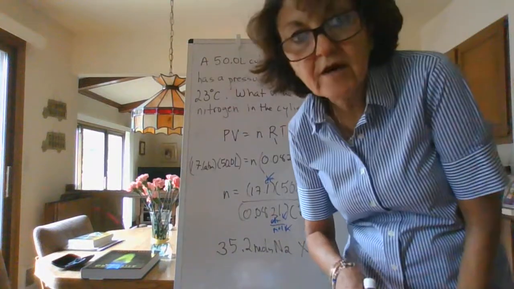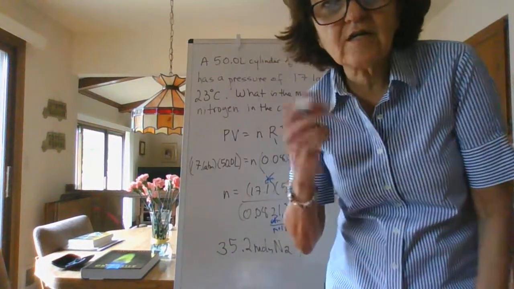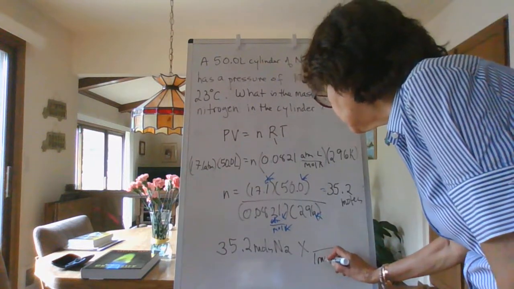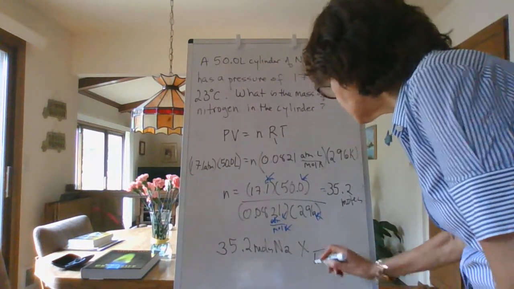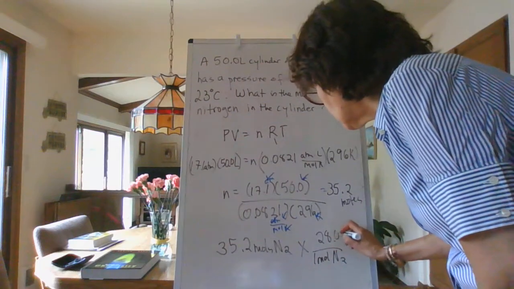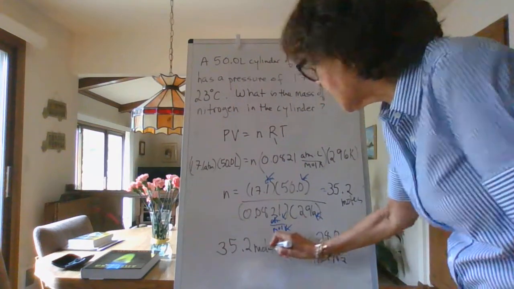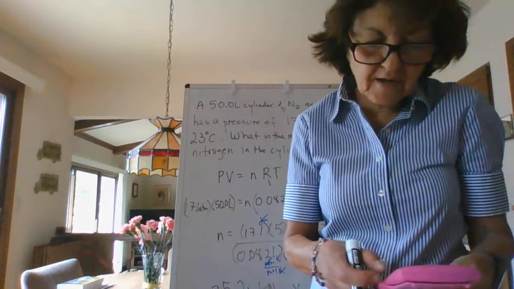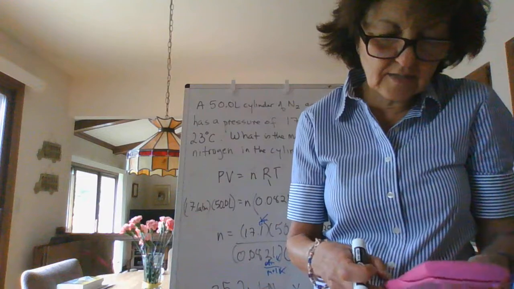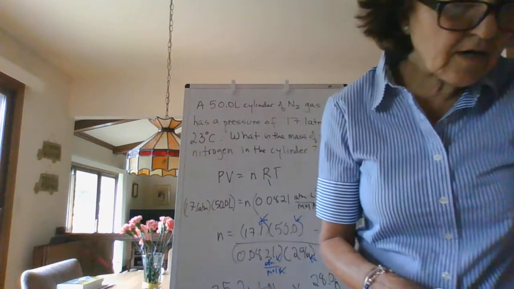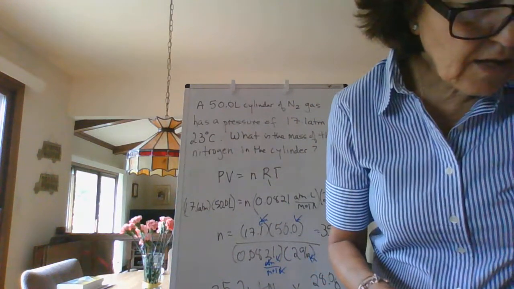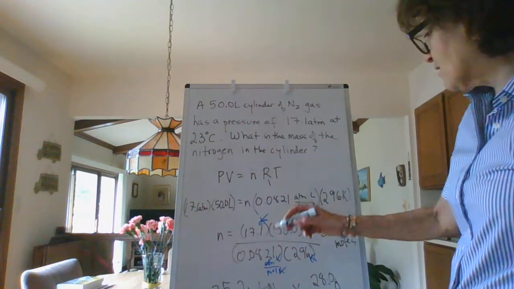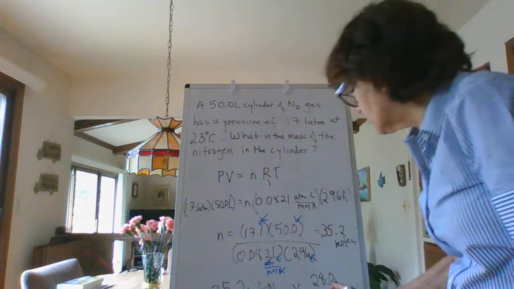So if you go to the periodic table, nitrogen is 14 and you have two of them, so that's 28. So 1 mole of N2 is 28.0 grams. Moles will cancel. Now get your calculator. 35 times 28 is equal to 980 grams of nitrogen. I may have rounded a bit too fast here, but that's good enough.